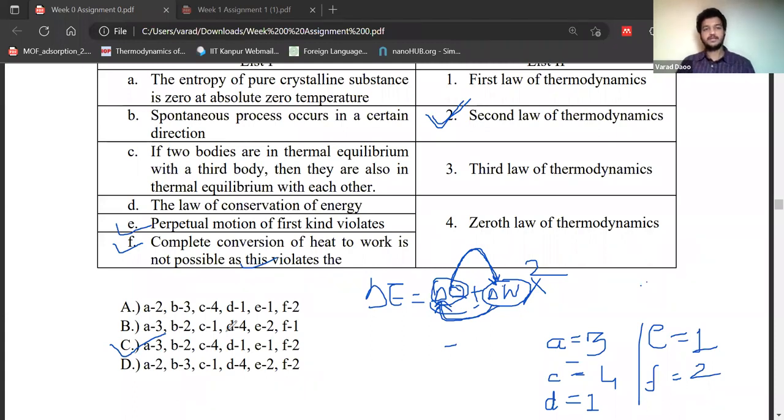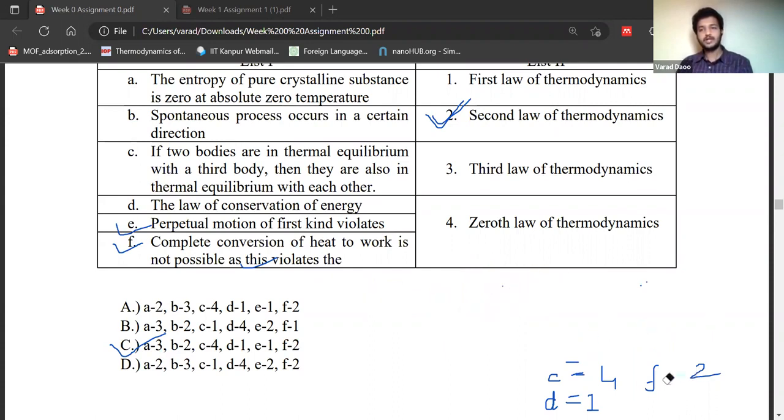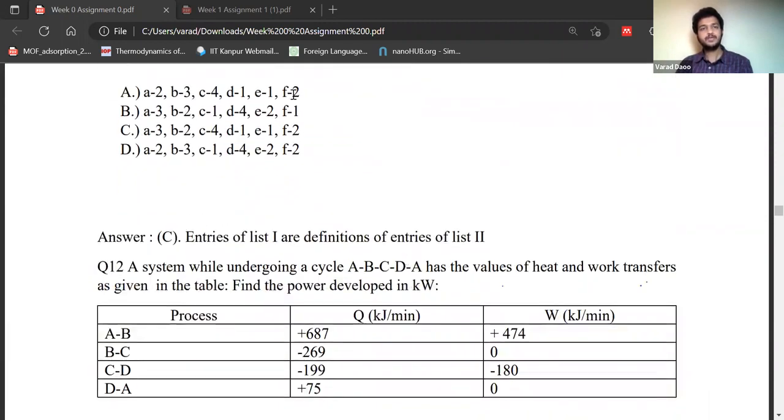Does anybody have any questions? So the correct answer is option C. What is the explanation?